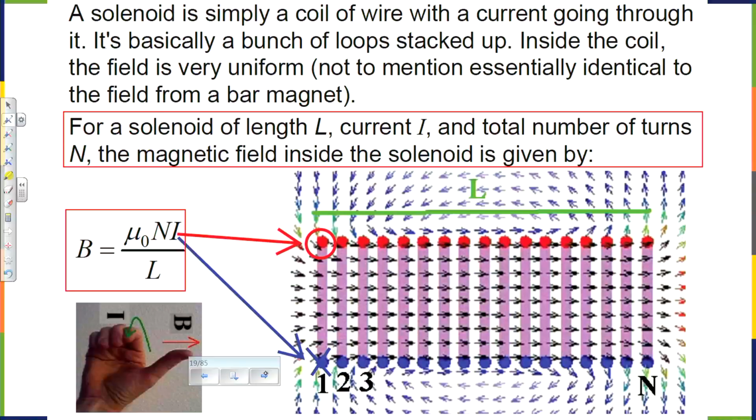So why do we talk about magnetic field of a loop? Because we use it for different purposes. For example, if we have many loops coiled up together, that's what we call a solenoid. And a solenoid has important practical applications.